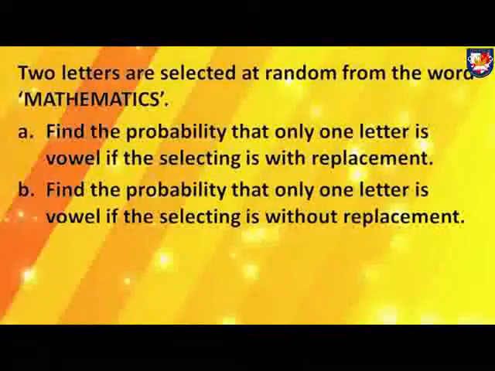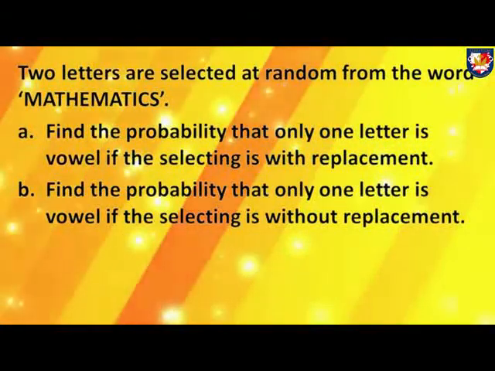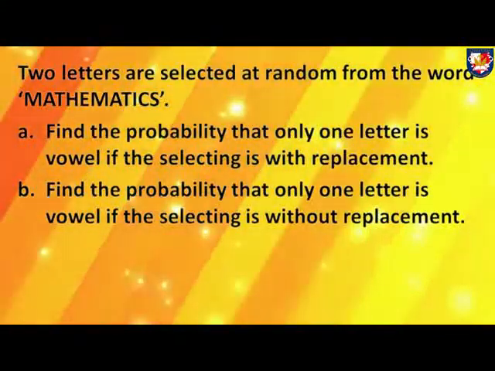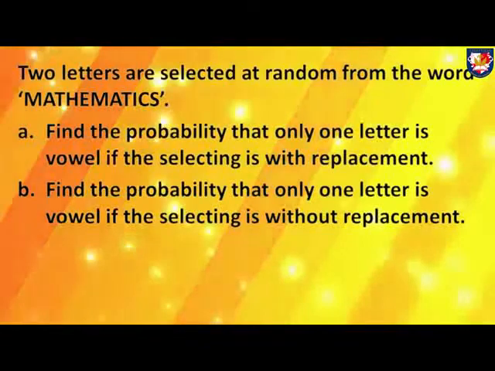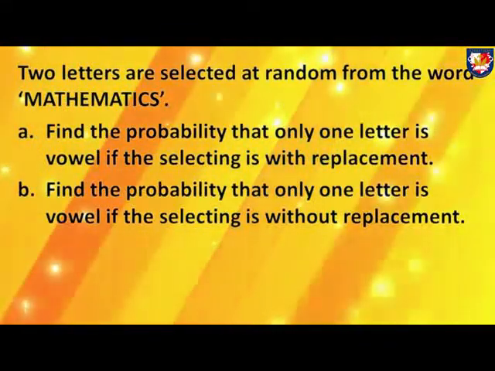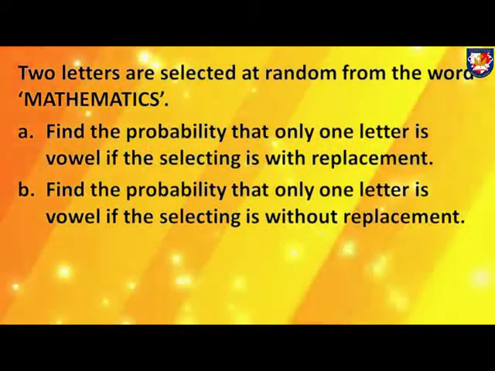Next example. Two letters are selected at random from the word mathematics. A: find the probability that only one letter is a vowel if the selecting is with replacement, and B: find the probability that only one letter is a vowel if the selecting is without replacement.